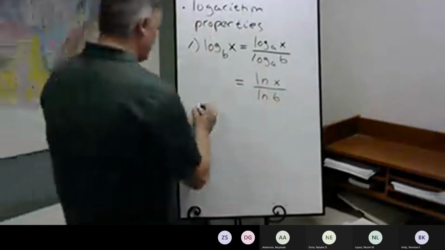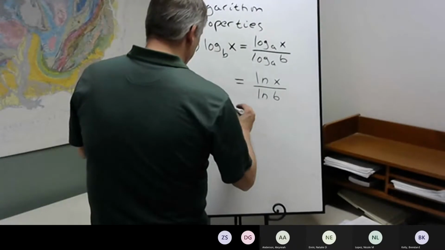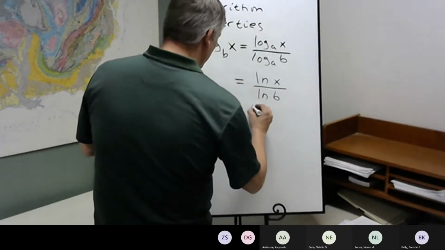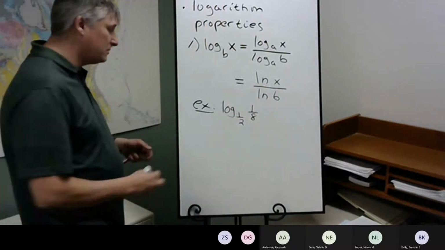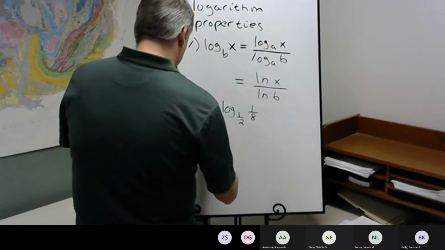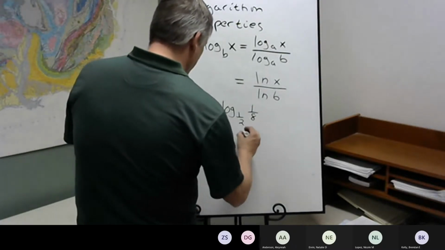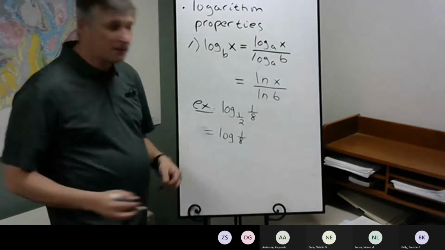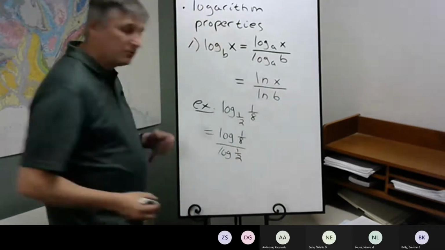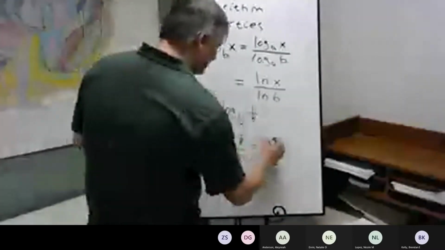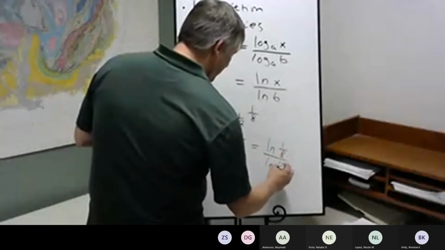So for an example, let's say you have the log base 1/2 of 1/8, and you want to do this on a calculator. So what you could do, this could be the log of 1/8, which is log base 10, divided by the log of 1/2, and this will be equal to the natural log of 1/8 over the natural log of 1/2.